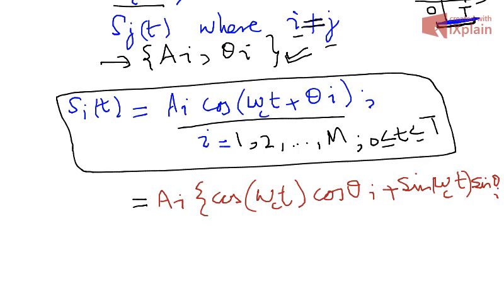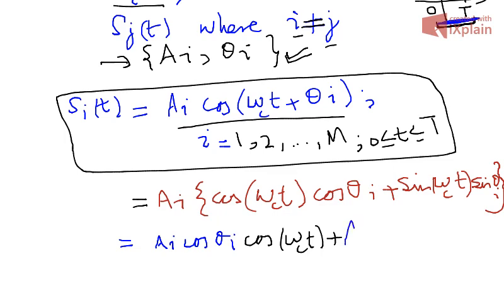So if you use this trigonometric identity, you can rewrite your expression as Ai cos theta i, and you have cos omega c t, which is carrier, right? And similarly you have Ai sine theta i, and you have sine of omega c t.